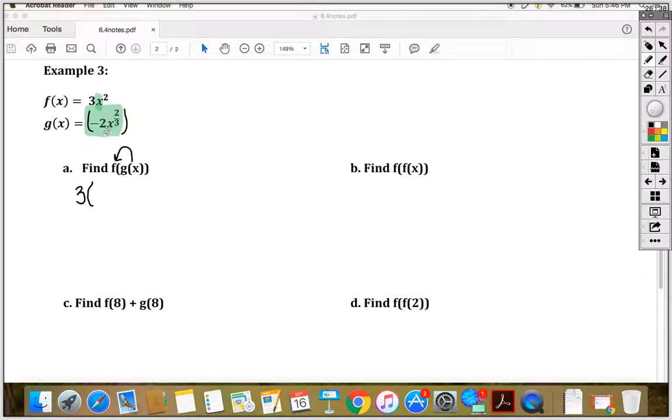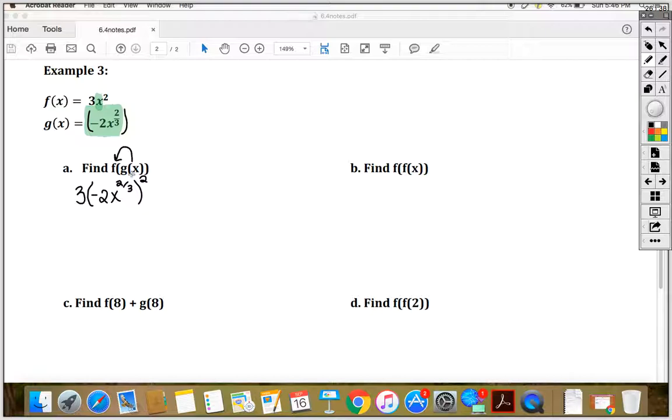3. I take out x. I plug in negative 2x to the 2/3. I close my parenthesis, all of that went in right here for x, and I still have this power of 2 that's going to be right here outside of my parentheses.